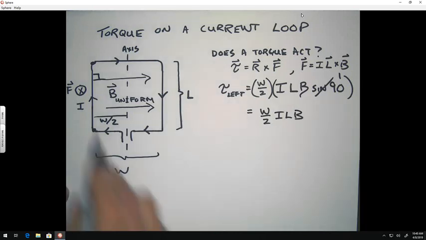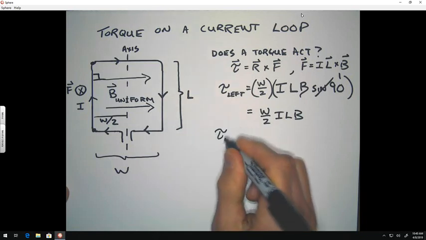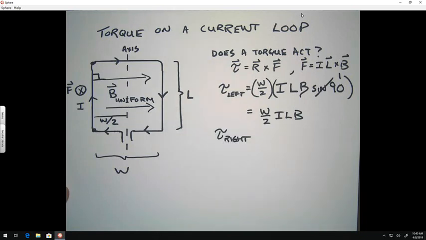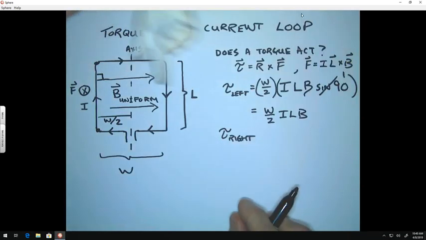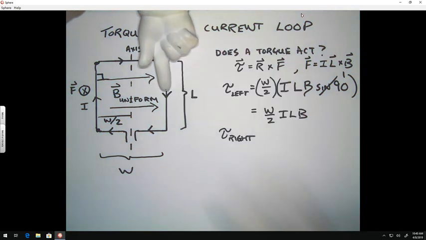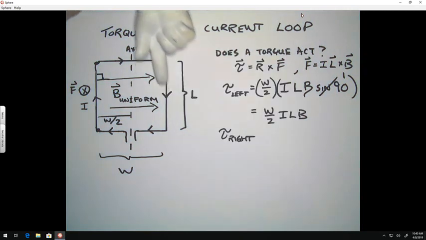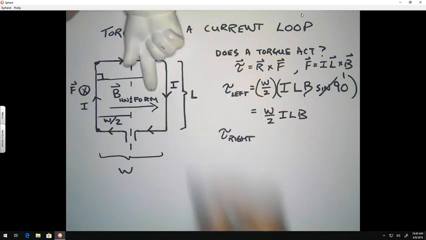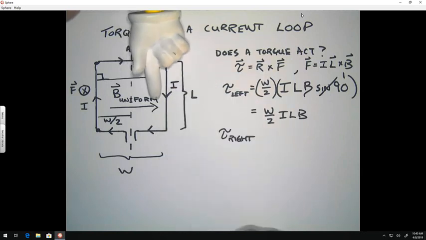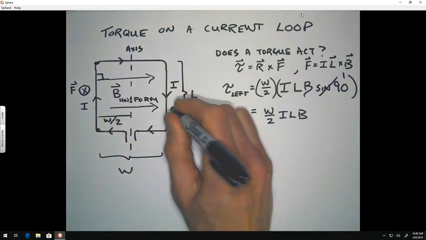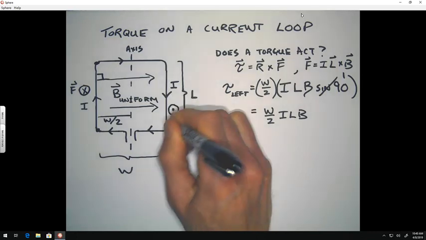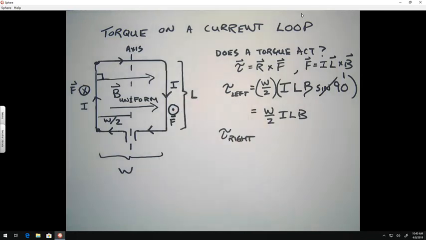All right, let's look on the right side. On the right side, it's a very similar analysis, except now your finger is going to start off going in the negative direction, going down, because that's the direction of the current. And then your palm is going to still face in the direction of the field. And in this case, you'll notice that your thumb is pointing up. So the right-hand rule tells us that the force on this segment is pointing at us.